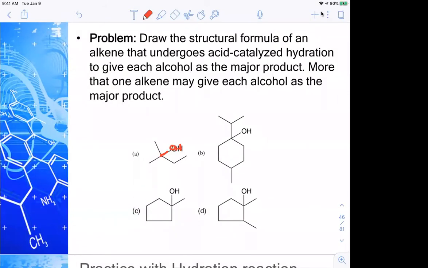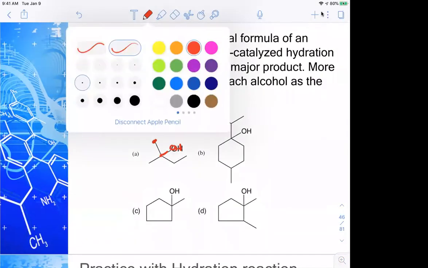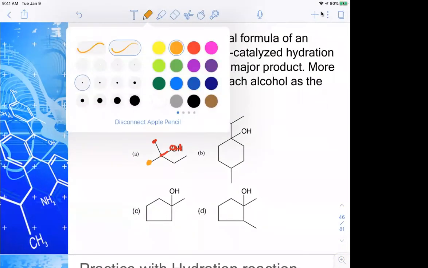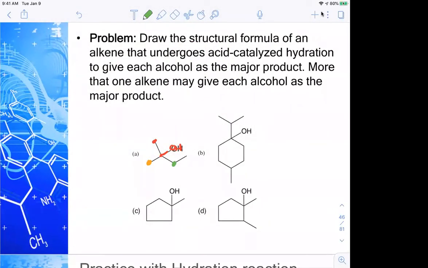So I could have, remember, my carbon-carbon double bond is two adjacent carbons. So I could have this carbon as part of the double bond, or this carbon as part of the double bond, or this carbon as part of the double bond.